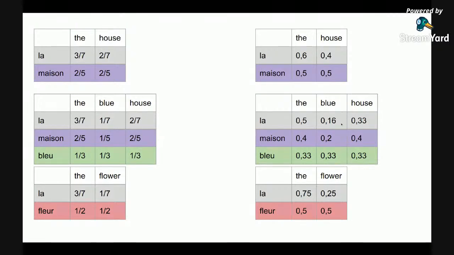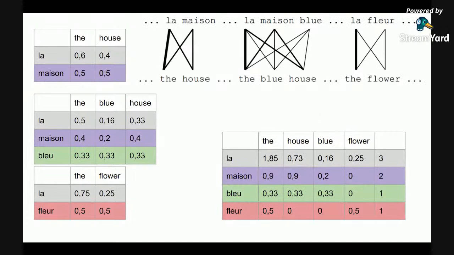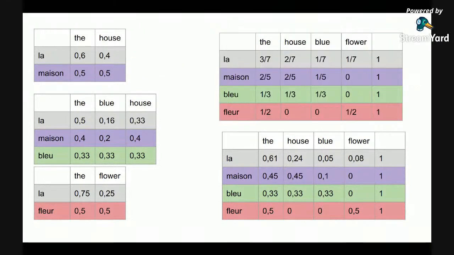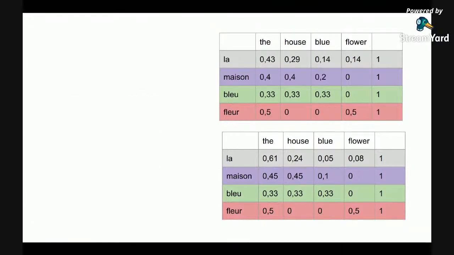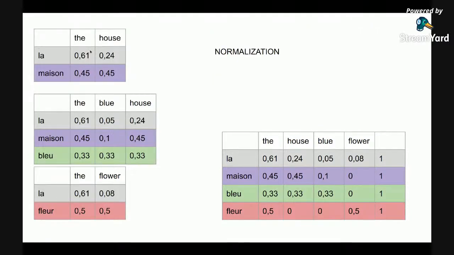And here, the same process, I build a big table. As you can see, la with the starts to be clear that they are aligned together. Here, the frequency is 0.6, 0.4. I repeat this process until I get the alignment here, the normalization.